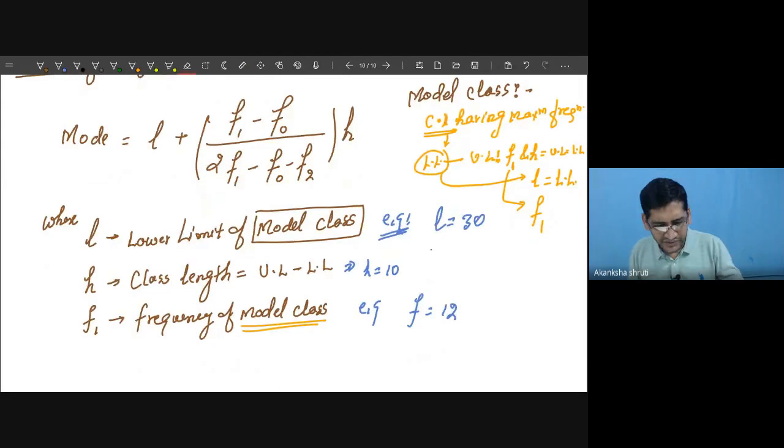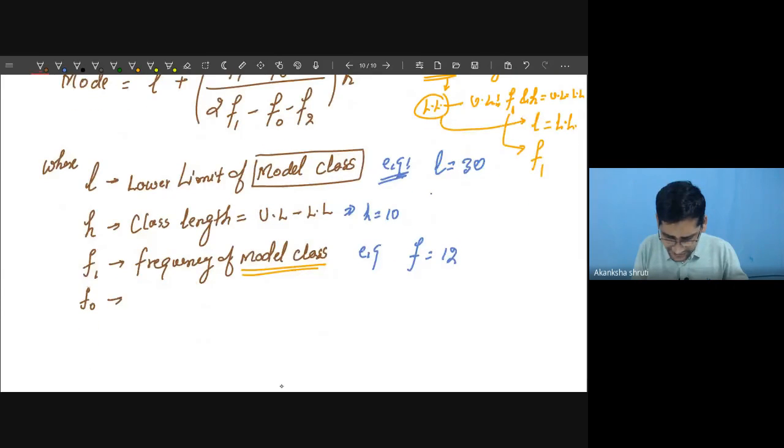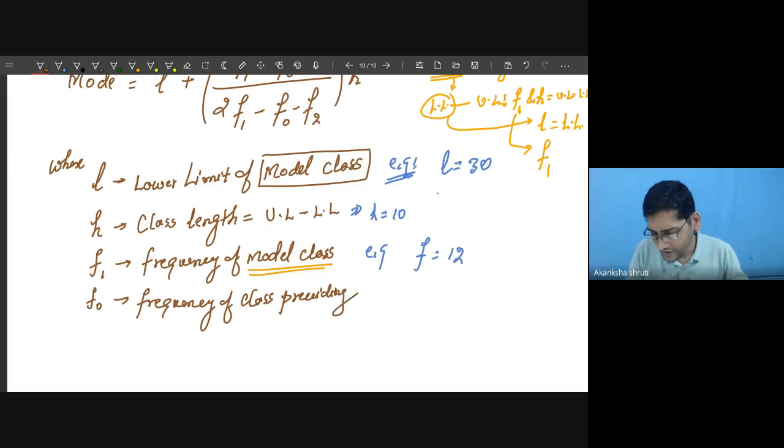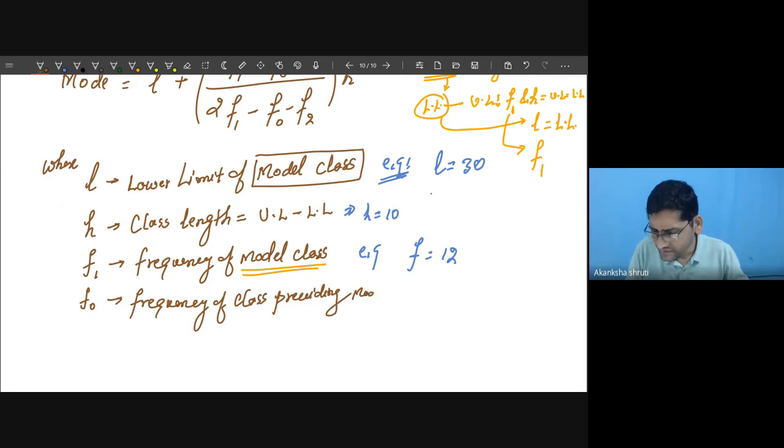Now coming to the F2 and F0. Let us first write this as F0. F0 is the frequency of the class preceding the model class. Means what?